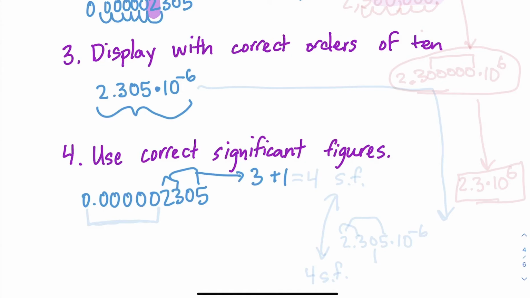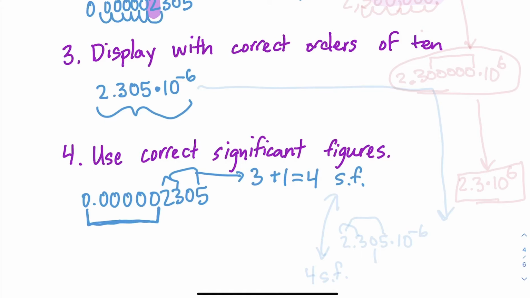And then these zeros are to the left of the first non-zero digit, and they are not trailing but leading, and therefore they are not significant. So we have 4 significant figures that are at play.